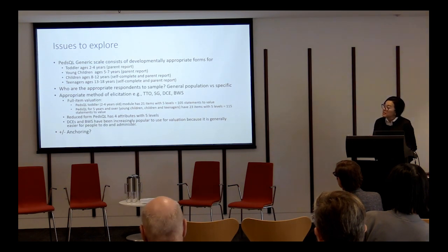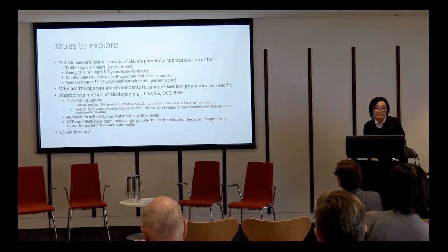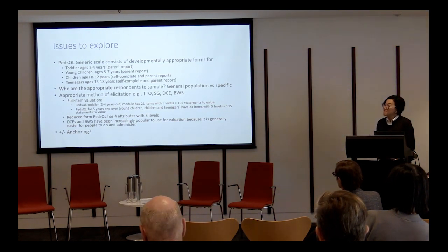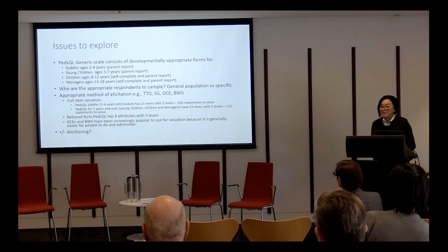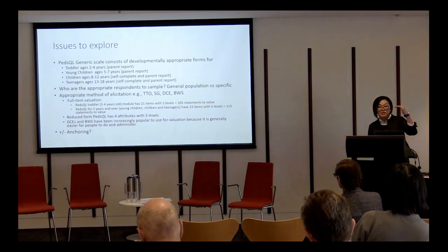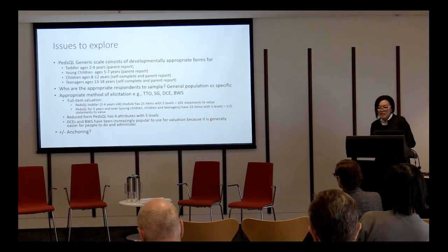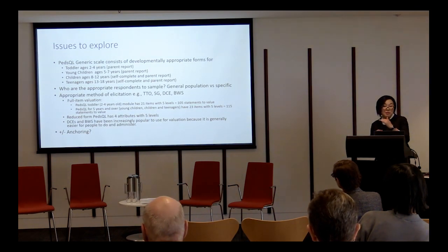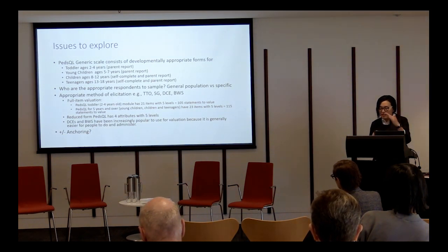The third consideration is, what's the appropriate method to elicit preferences? There's a range of methods out there, and the appropriate method will also depend on our instrument. What we decided to embark on was to value the full item PET score, which is 23 items with 5 levels each, and a reduced form PET score as well, which had 4 domains or attributes of 5 levels each.